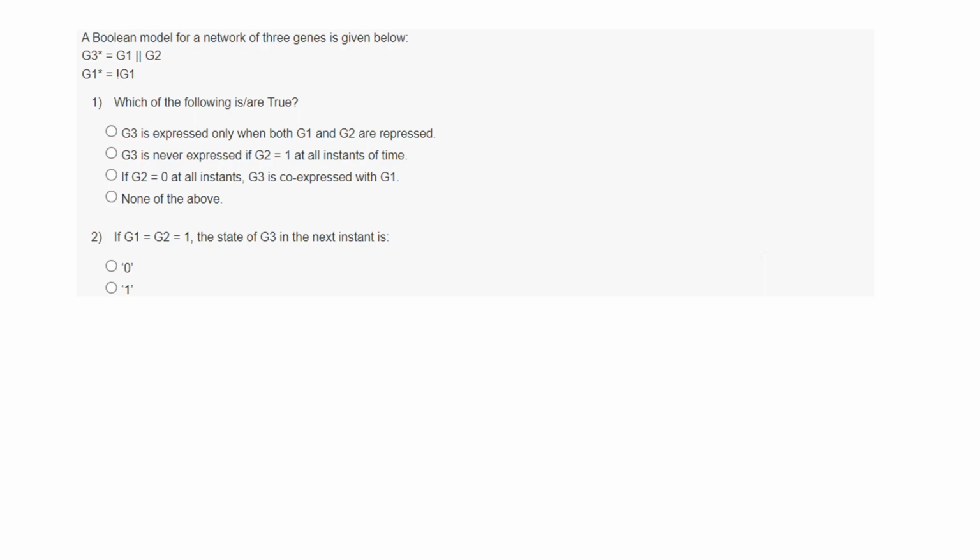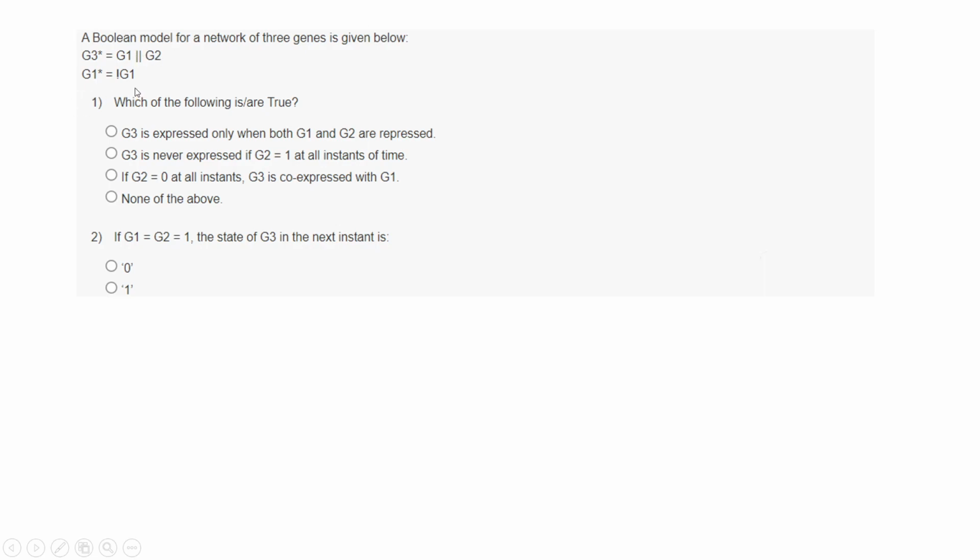And if G2 equals 0 in all instances, G3 is co-expressed with G1. It's not true, because if G2 equals 0, G3 is not co-expressed with G1.